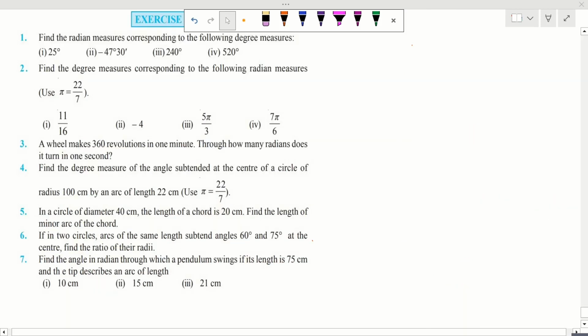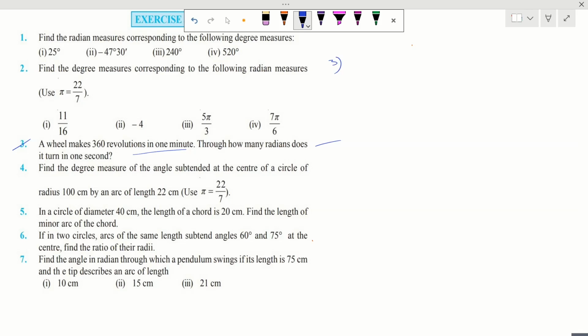Now come to the next problem. Here it is given 360 revolutions in 1 minute. So a wheel is having 360 rotations with some speed in 1 minute. Revolutions means turns.